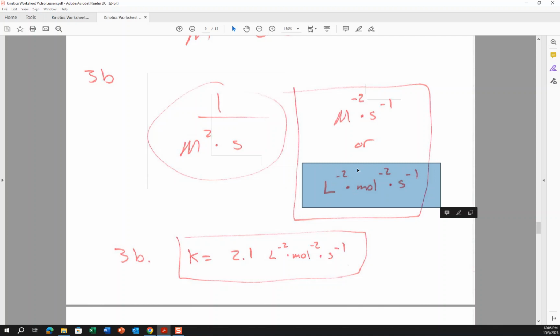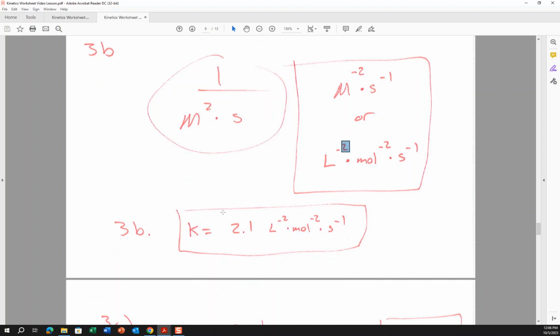I just realized my key is incorrect here. This negative 2 should just be a 2. It should be liters squared times moles to the negative 2 times seconds to the negative 1. So please, if you're going to do it this way, it should be liters squared, not liters to the negative 2. It should be liters to the positive 2 times moles to the negative 2 times seconds to the negative 1. Again, the value of K is correct.